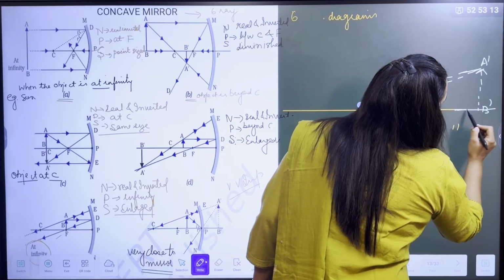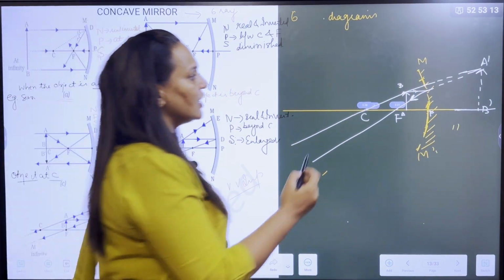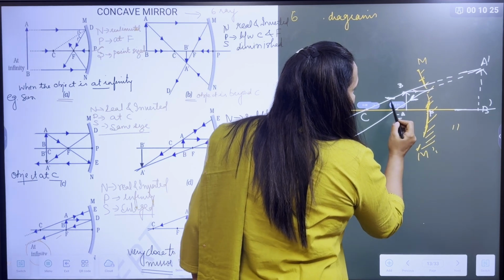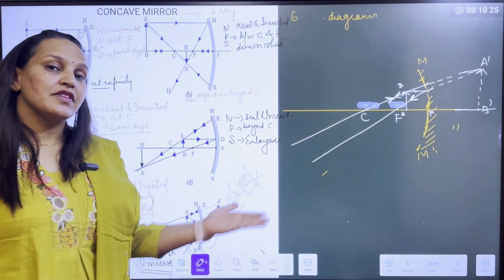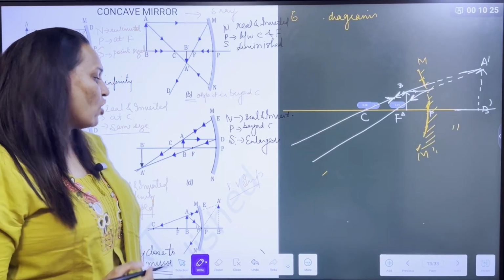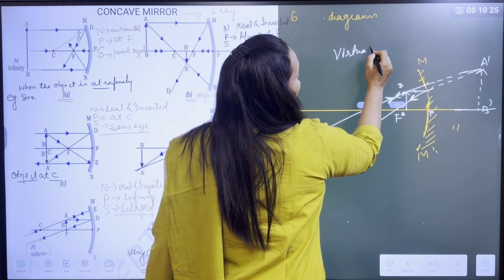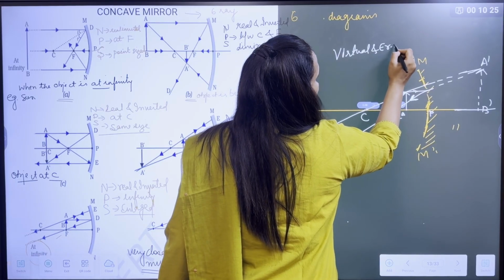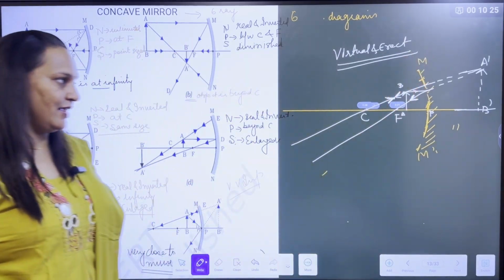If you extend the principal axis, image is forming above the principal axis. Am I clear? So when the image is above the principal axis, what is that image called? Virtual and erect. The image which cannot be obtained on the screen.